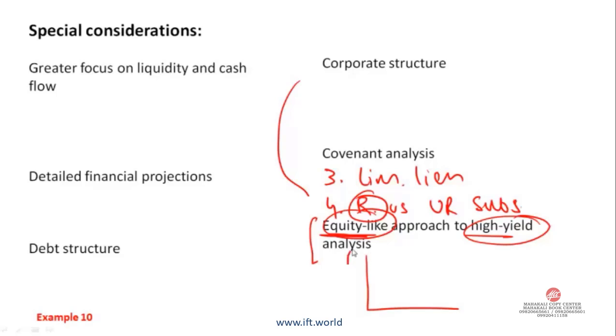So if we look at risk versus return, if stocks are over here, bonds are over here, then high yield bonds will fall somewhere in the middle. And a lot of analysis that we do, such as detailed financial projections and so on, are quite similar to what we would do for equity-like investments. There also is a high correlation between the returns on stocks and the returns on high yield bonds.